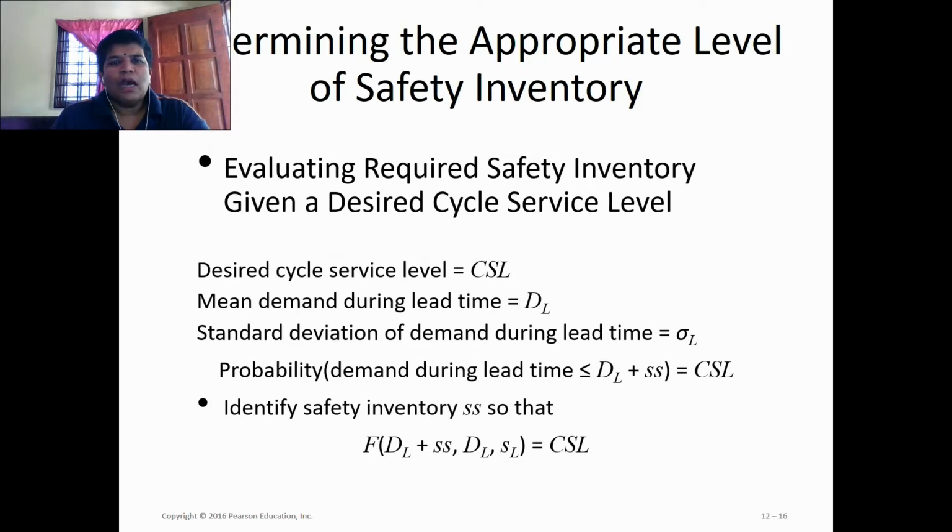So now we will evaluate the required safety inventory given a desired cycle service level. For a desired cycle service level CSL, the mean demand during lead time is DL, and the standard deviation of demand during lead time is the standard deviation sigma L. Then the probability that demand during lead time is less than DL plus SS is equal to CSL, the cycle service level.